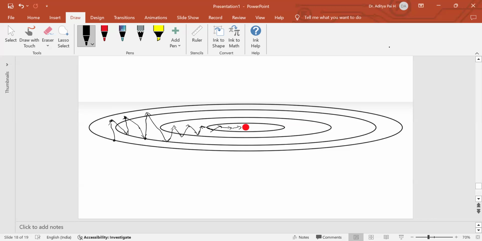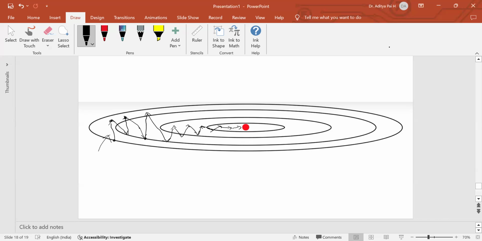Horizontal progress will give you the quicker progress, unlike the vertical progress. In the previous example, if you implement gradient descent, we will see the huge oscillation, which you can see in this also. This is how the oscillation takes place in the vertical direction while making the progress.